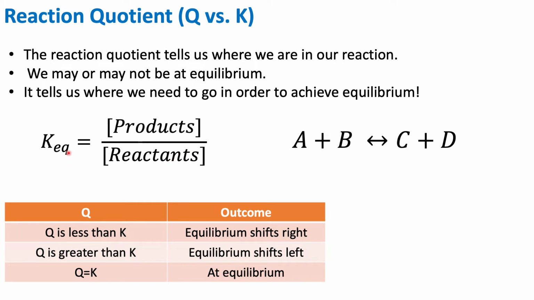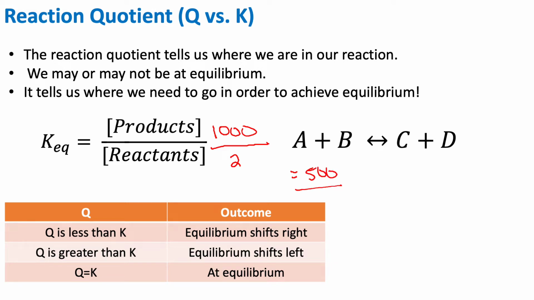So if we have a high KEQ value, that means we have a lot of product and we don't have a lot of reactants. If our KEQ is small, we say we have a lot of reactants and we don't have a lot of products. And that makes sense because let's say we had 1,000 product and we only had 2 reactant. Now 1,000 divided by 2 will give us 500. That's a very high KEQ.